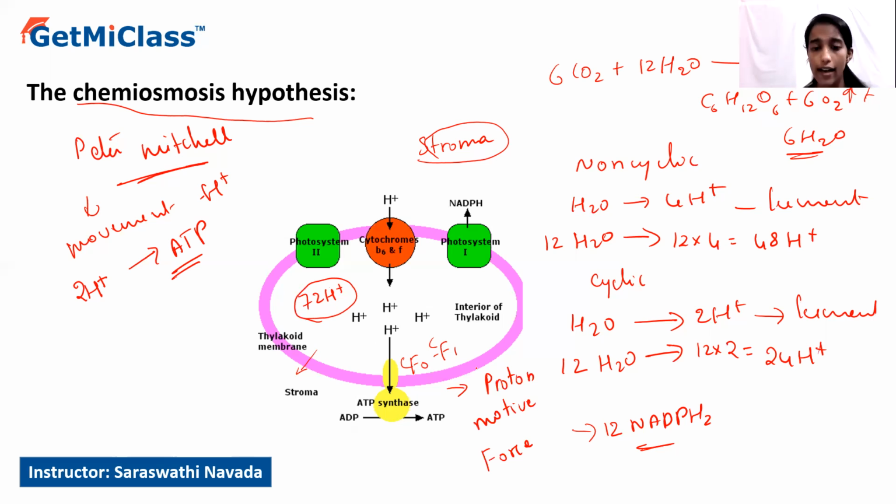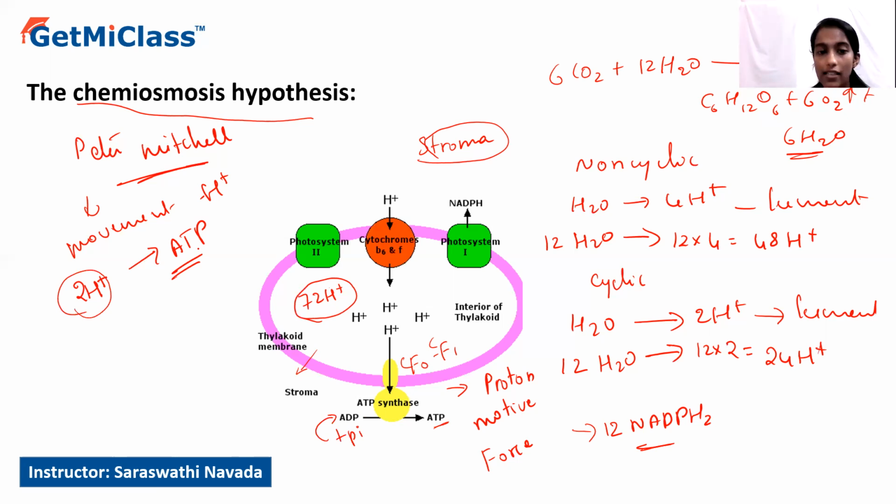The proton motive force generated for movement of every two hydrogen ions is sufficient to add a phosphate to ADP in order to form ATP. That is how movement of two hydrogen ions or protons is coupled with the synthesis of one ATP molecule.